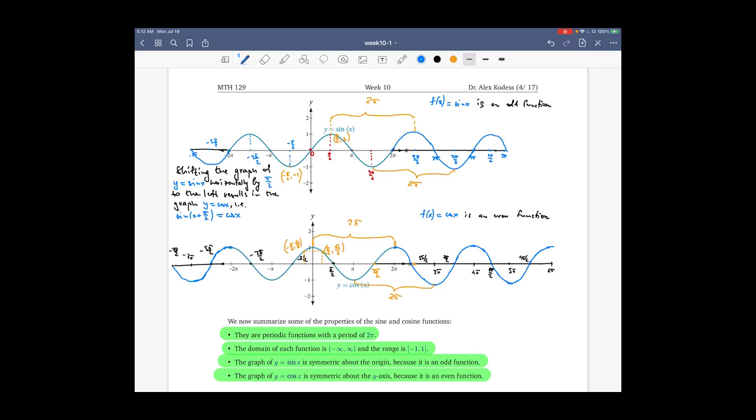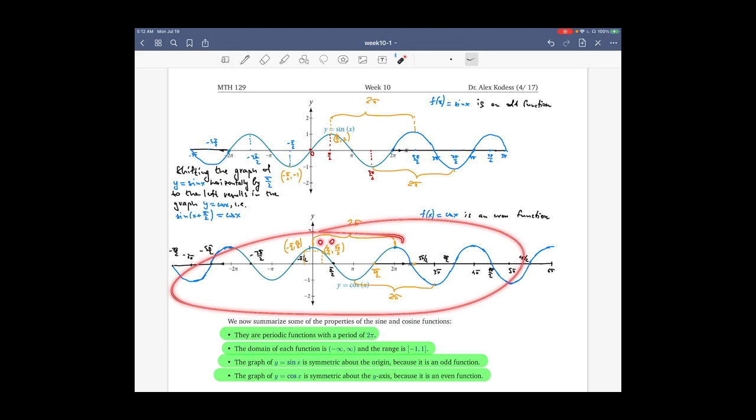And likewise, if we were to start with the graph of cosine x, we see immediately that if we shift that cosine x to the right by pi over 2, we will immediately obtain the graph of sine x.